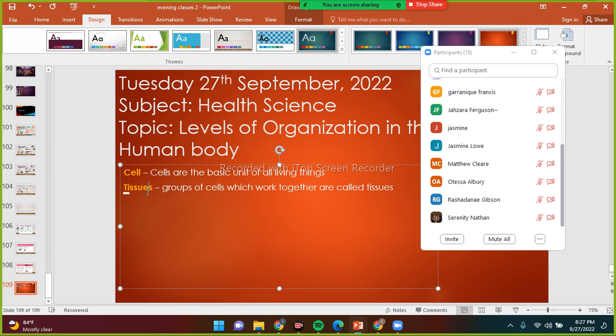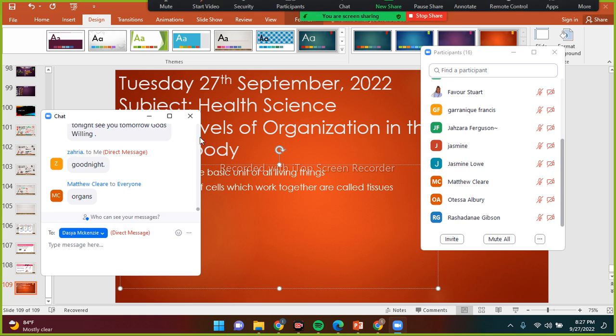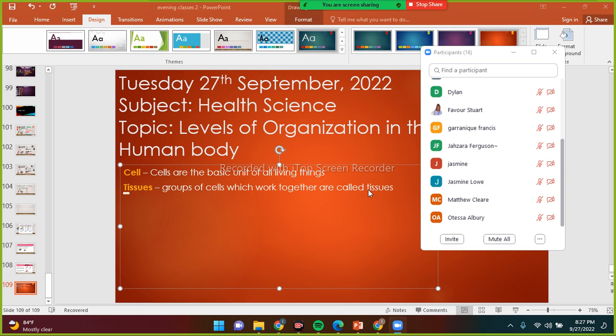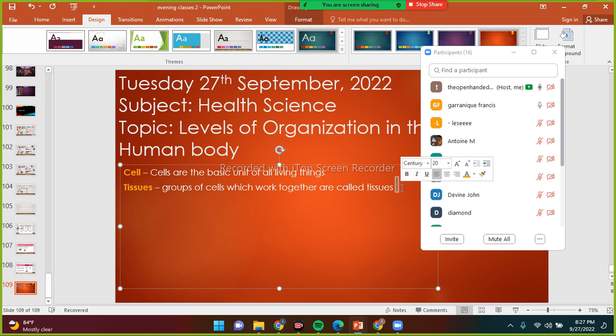Cell. No. We have groups of cells which come together to give us tissues. Groups of tissues come together gives us what? Anyone can answer. Organs. Very good. Matthew also said that inside the chat. Organs.